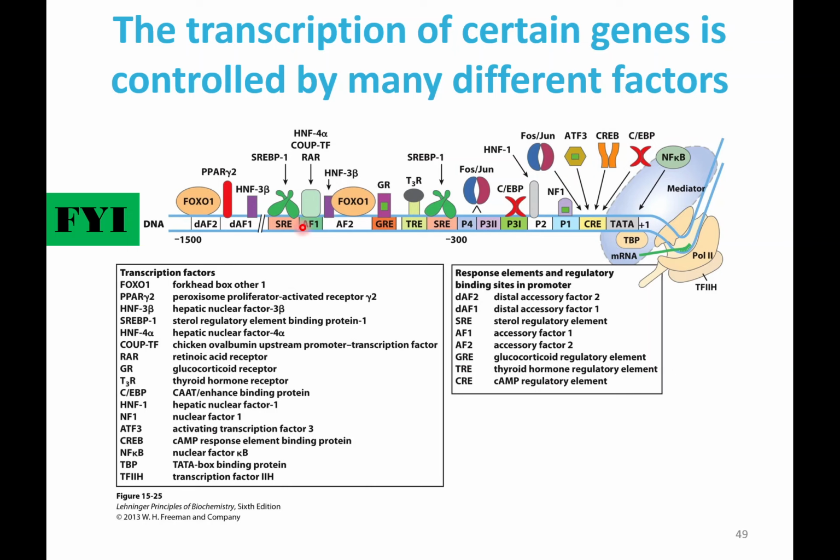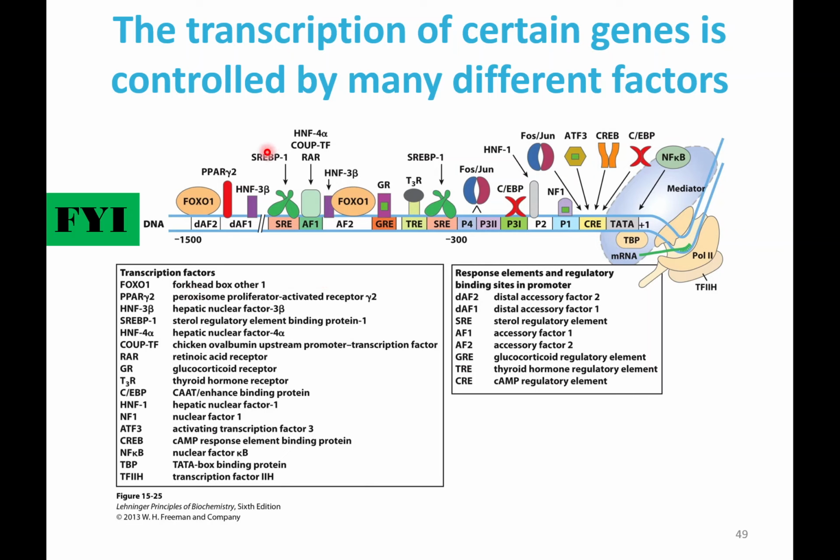And I don't remember off the top of my head what gene is actually after this. But these are the transcription factor binding sites. And then all the transcription factors you can see are these kind of figures, blobs that are above. Okay.